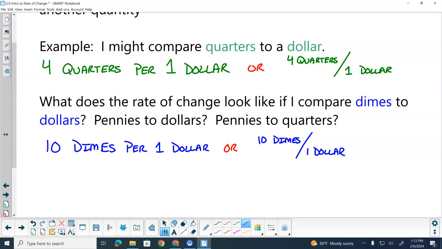Are they the same? Why not? They're not the same amount, not the same like things. They're different things. So different comparisons are going to have different rates of change because you're comparing two different things.